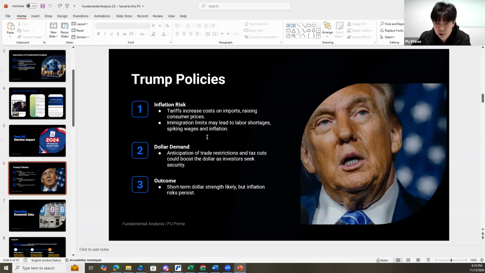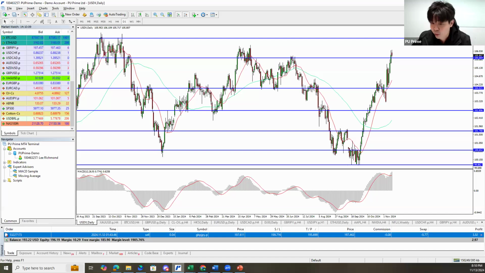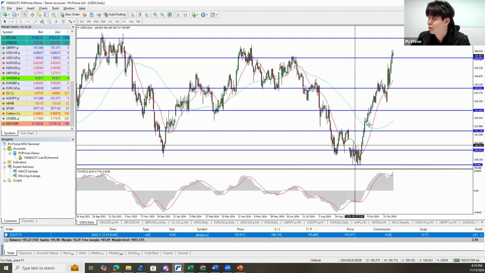A lot of investors expect that Donald Trump will be very pro-US, supporting the overall US economy despite possibly hurting other countries. That's why a lot of investors decided to enter the dollar market, and this is one of the reasons the dollar went up aggressively.